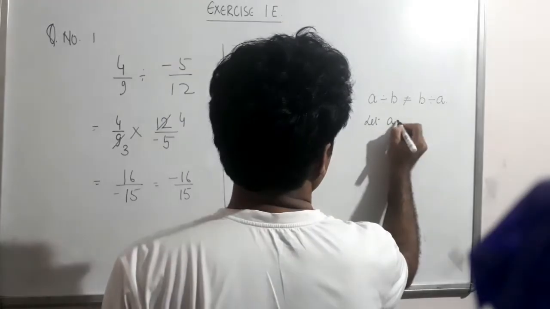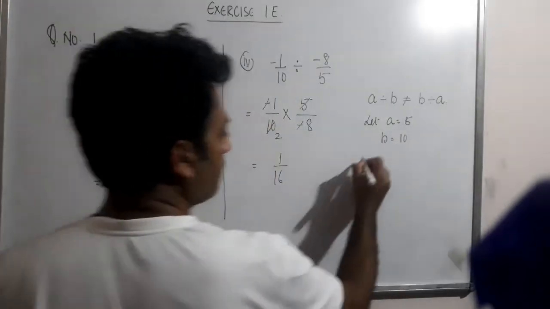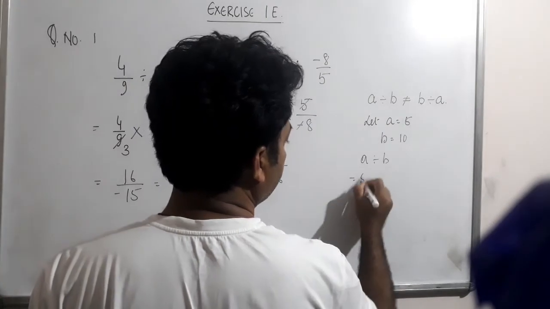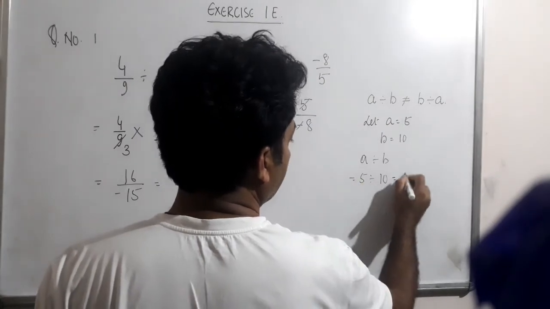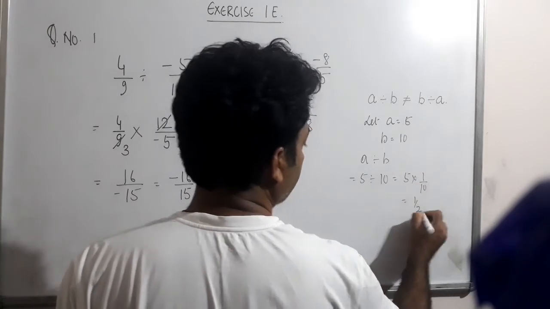Let A be equal to 5 and B equal to 10. So A divided by B is 5 divided by 10, which is 5 into 1 by 10, equal to half.